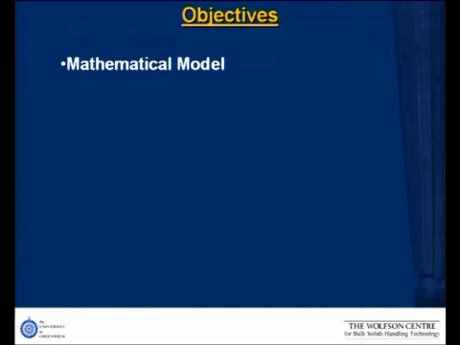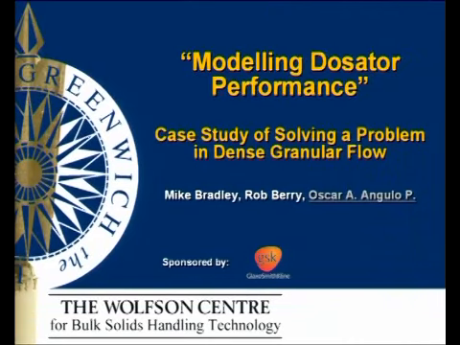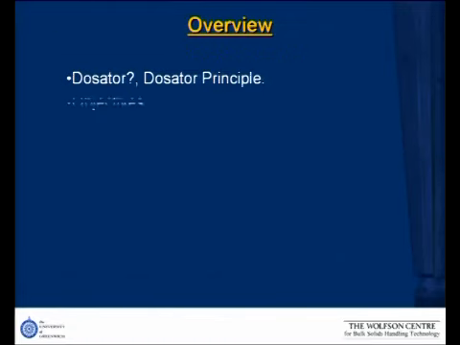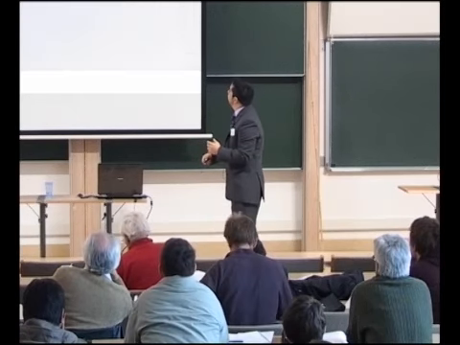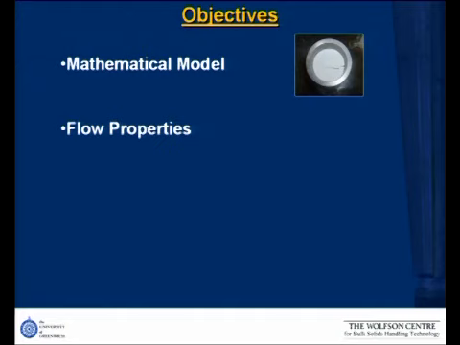What is the objective of the project? It is to build a mathematical model to predict what happens in the process inside the oosator, how to get the dose, to get accuracy in the dose. As well, we need to talk about flow properties, because the model works with the flow properties.